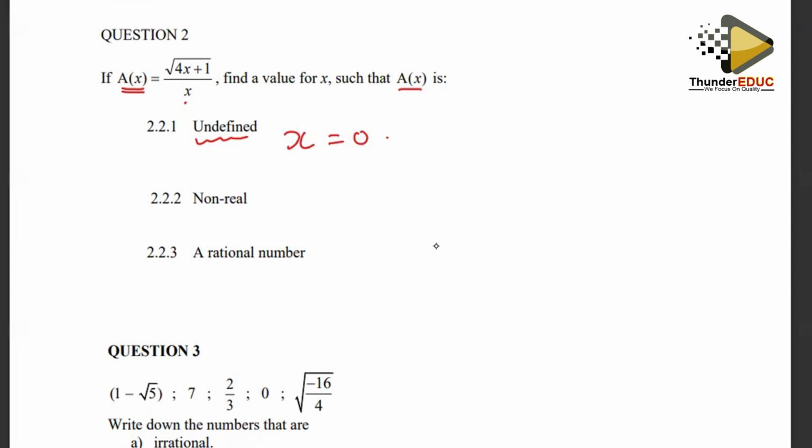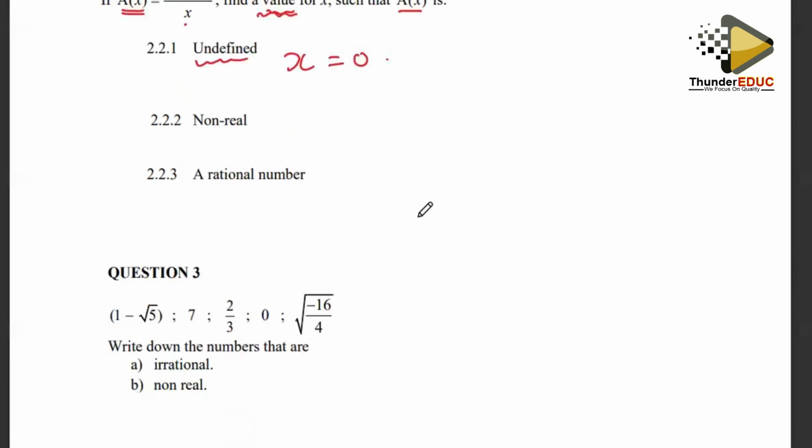Find a value, just a number, okay? Then for an expression to be non-real, what we said was whatever is under the square root must give us a negative. So you can think of any number, but at this level, I'm going to think of different numbers. So what I'll do, I'll say 4x plus 1 should be less than 0. Less than 0 simply means negative.